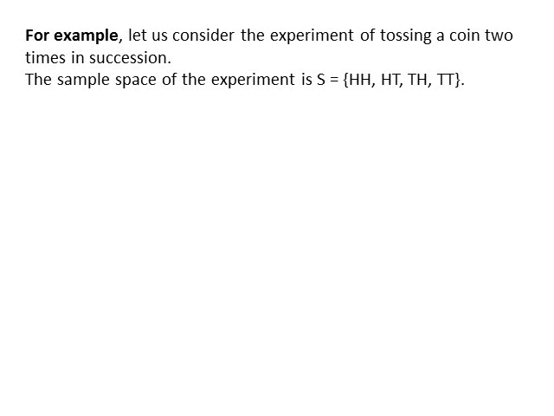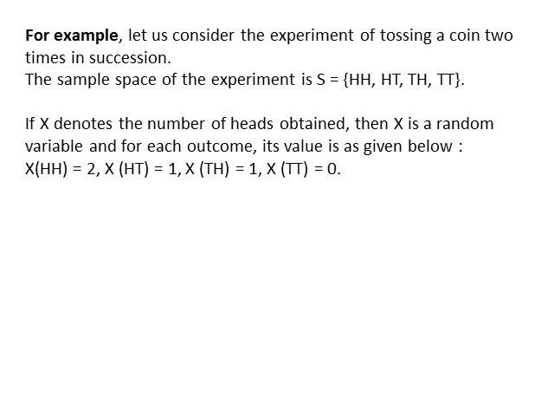Let's consider the experiment of tossing a coin two times in succession. The sample space of the experiment is a set containing possible outcomes HH, HT, TH and TT. If X denotes the number of heads obtained, then X is a random variable and for each outcome its value is as given below.